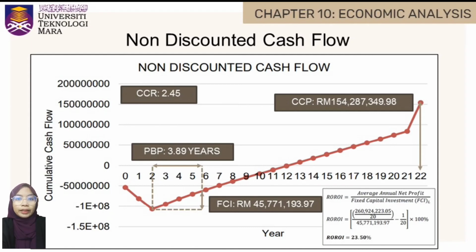Besides, the cash cumulative position, CCP, which is taken at the last year of the project, is around 1,054,000 ringgit. The cumulative cash ratio, CCR, was determined by dividing the sum of positive cash flow by negative cash flow, and based on the calculation, the CCR is 2.45.